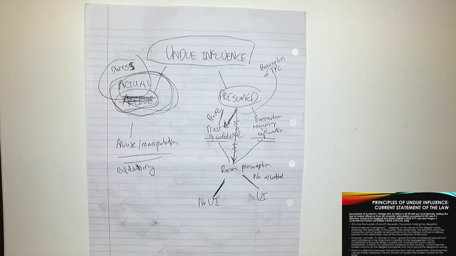But as long as you can show that one party put trust and confidence in the other, and that the transaction called for an explanation, that will raise the presumption and therefore require the other party to disprove the allegation of undue influence.